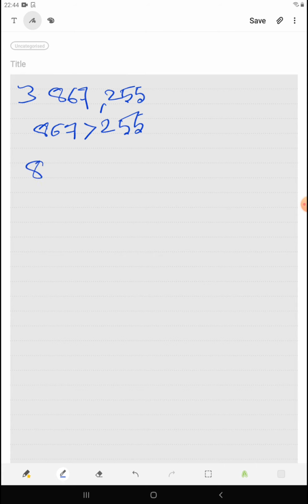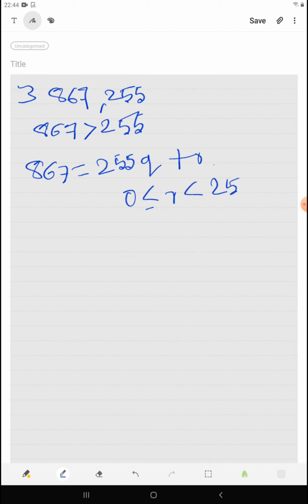So we have to represent 867 as 255 into q plus r, where 0 is less than or equal to r is less than 255. Okay. So this is as per Euclid's division lemma.